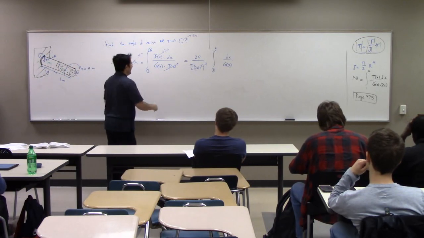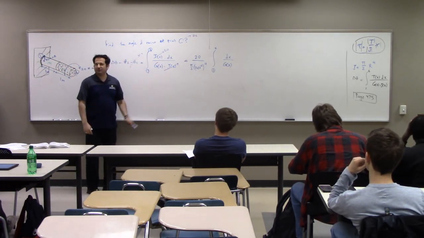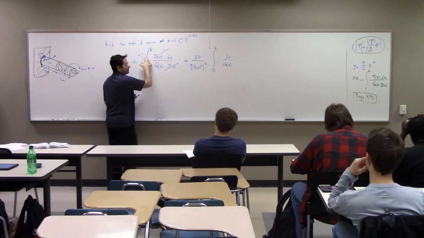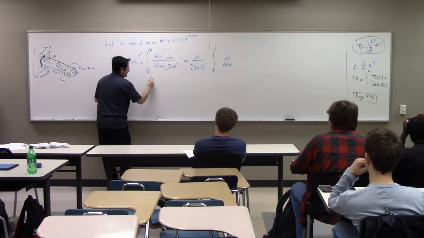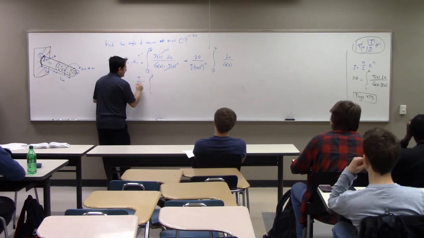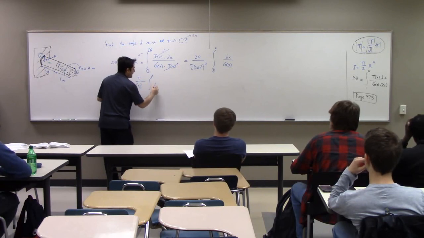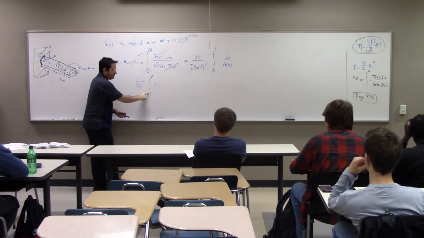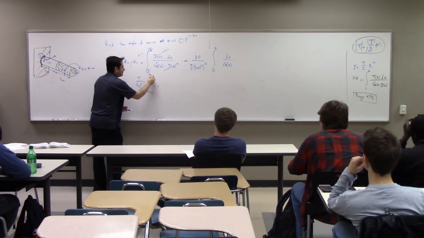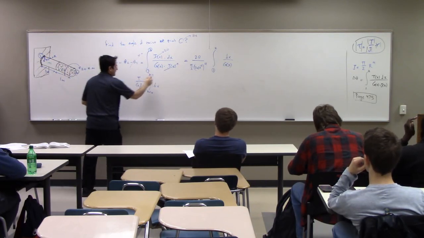You cannot just take, if everything was constant, what do you do? Just take this and this all out, so it's going to be the integral from point 1 to 2 of T over GJ dx. And what can I write about this when x is equal to 0 to x equal to L, the entire length?